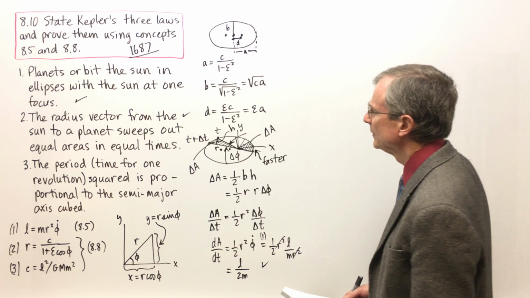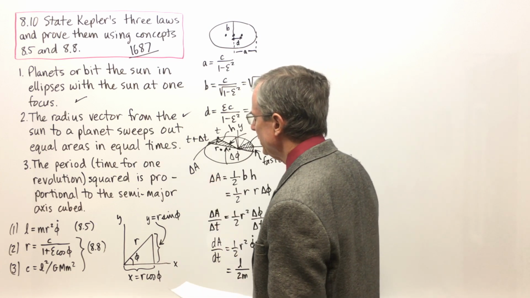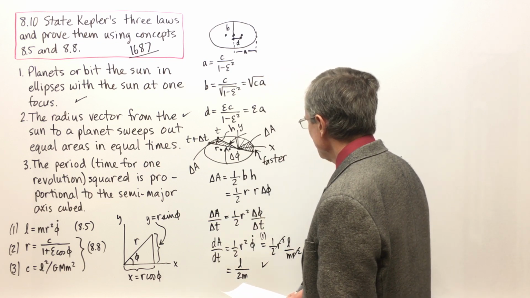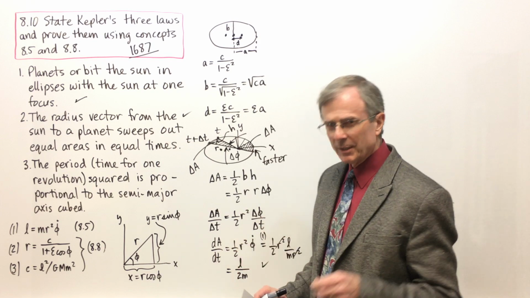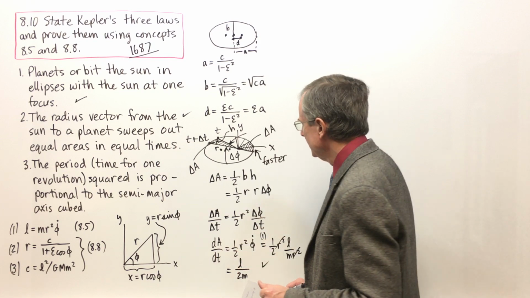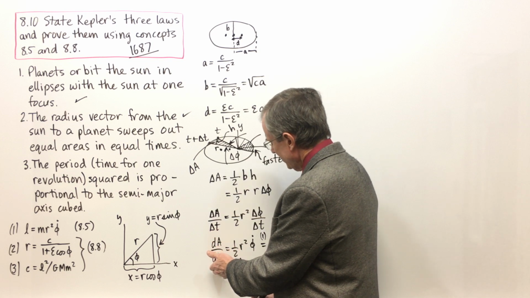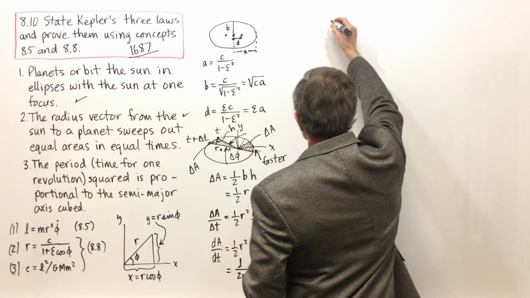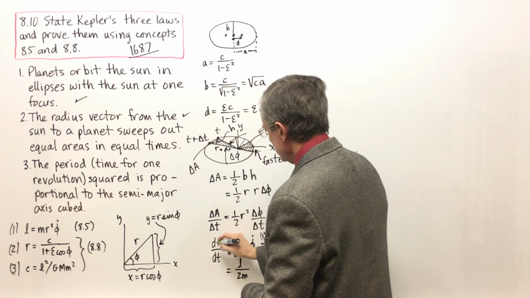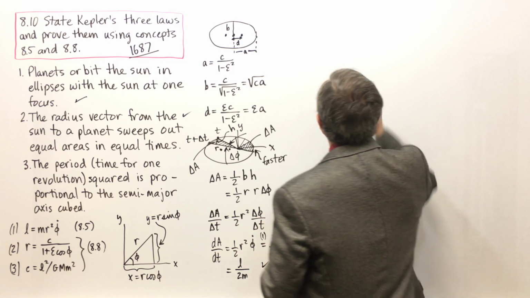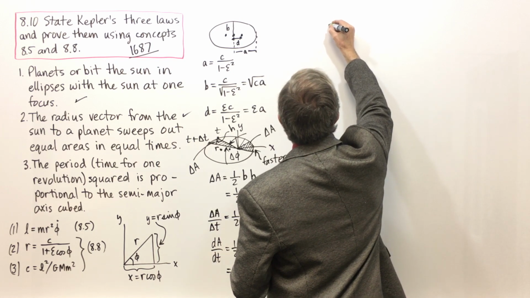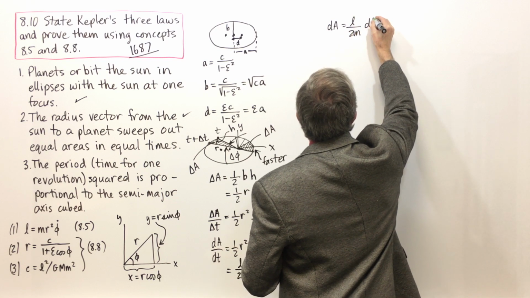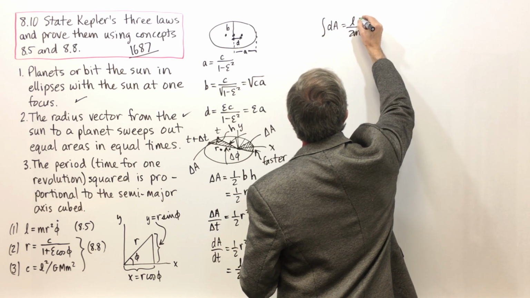And it's not hard. The third law is the period, the time for one revolution. And we can use the second law to prove the third law by integrating over one full period. So what we're going to do is to rewrite this as dA is L over 2m times dt, and then integrate over one period.